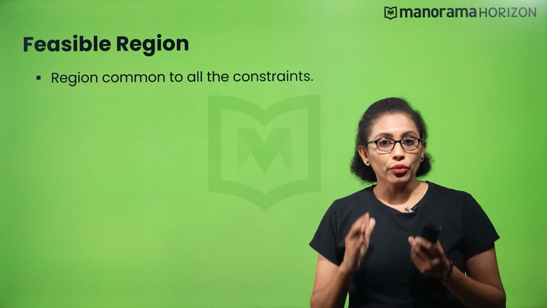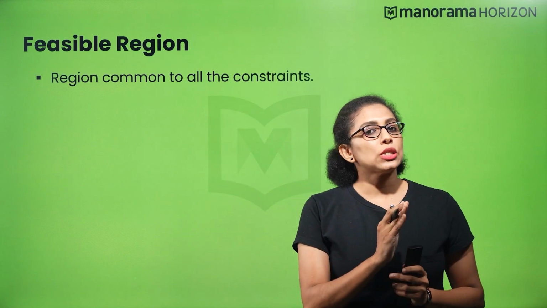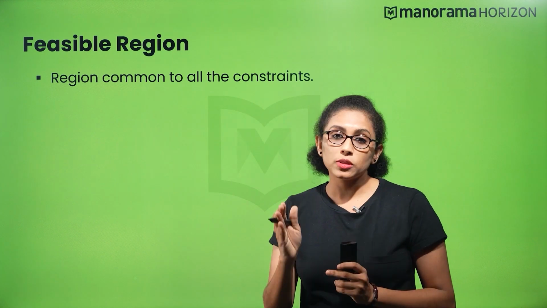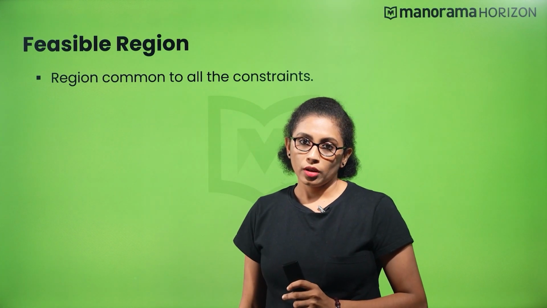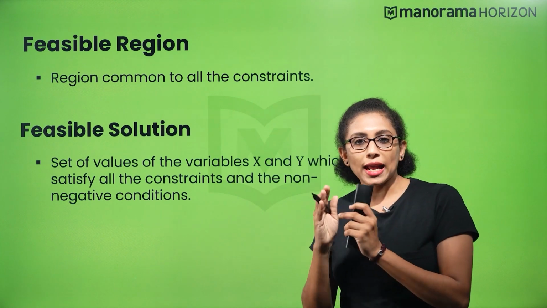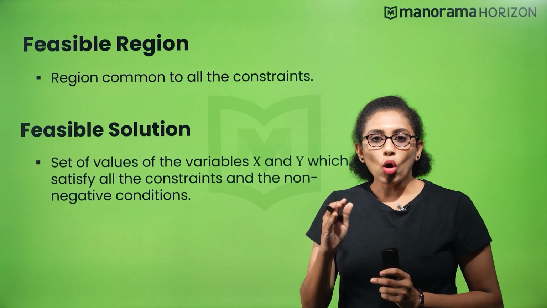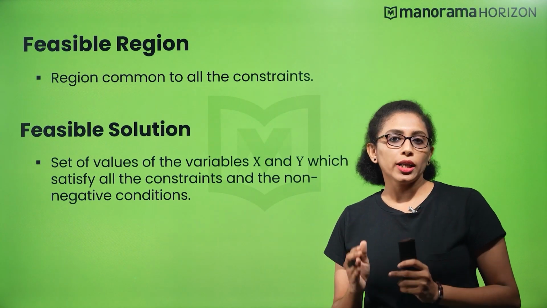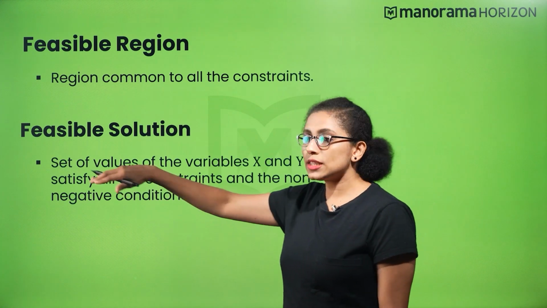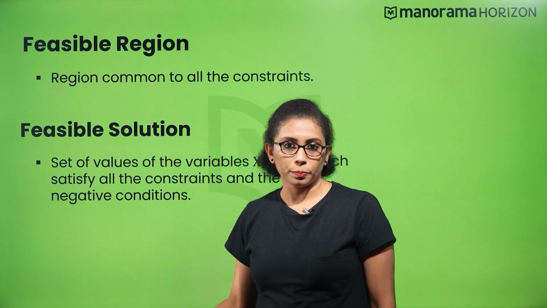Now, the feasible region is the region that is common to all the constraints of the given optimization problem. The set of values of the variables x and y which satisfy all the constraints and also the non-negative conditions is called the feasible solution of the linear programming problem.